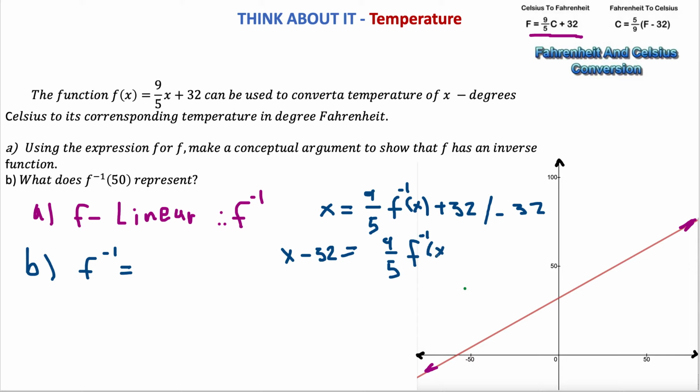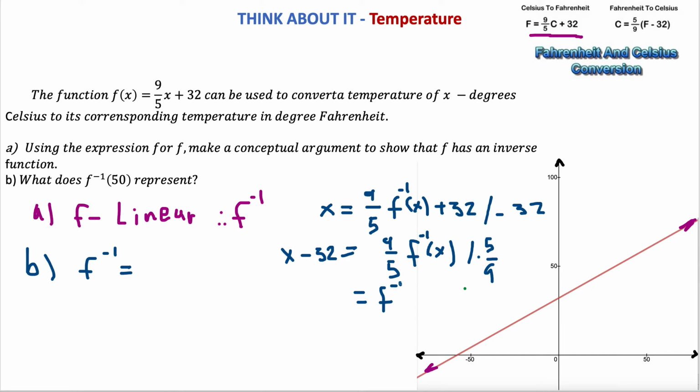Again, if we multiply everything by the reciprocal 5/9, on the right side what remains is just the inverse function f inverse of x.